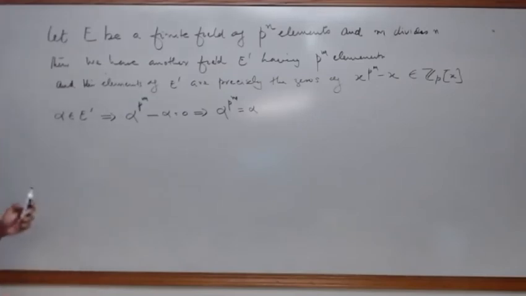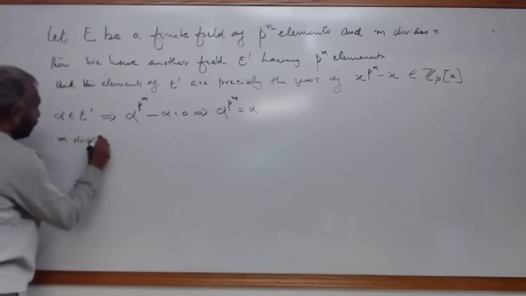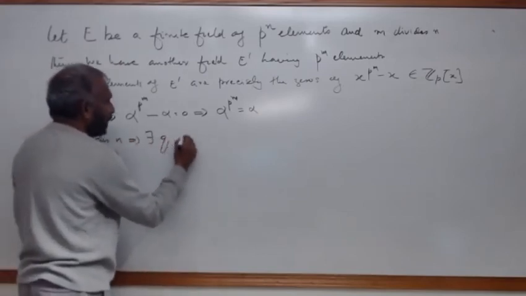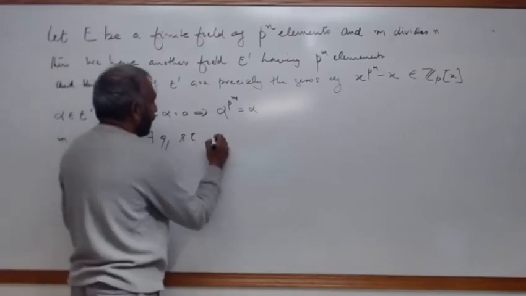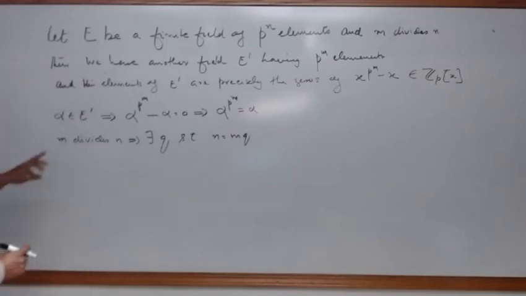So m divides n implies there exists a q such that n is equal to mq. m is a factor of n.